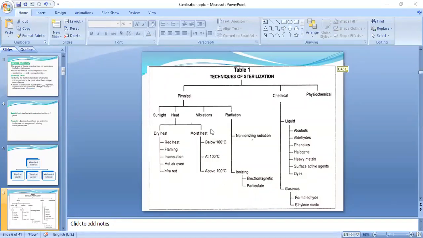So the moist heat is again divided into these subdivisions. Now coming to the individual methods of the dry heat or the moist heat.